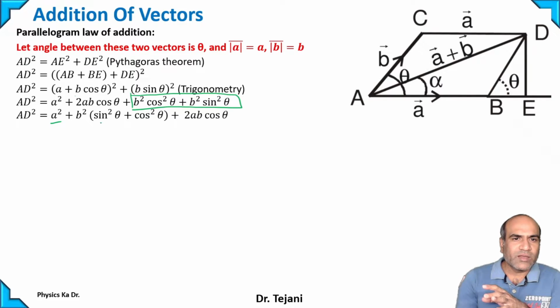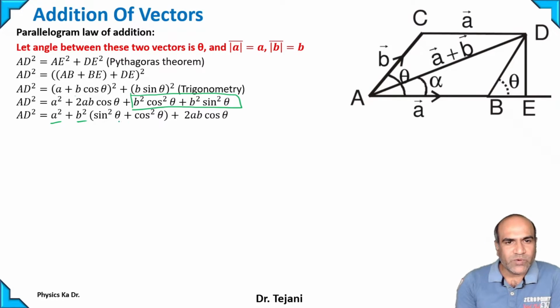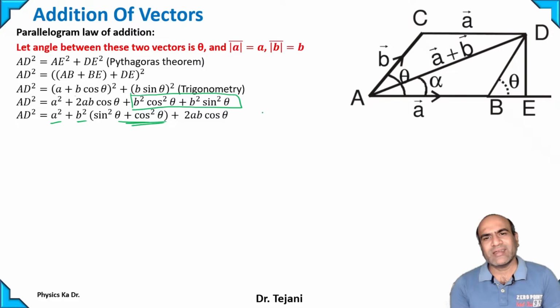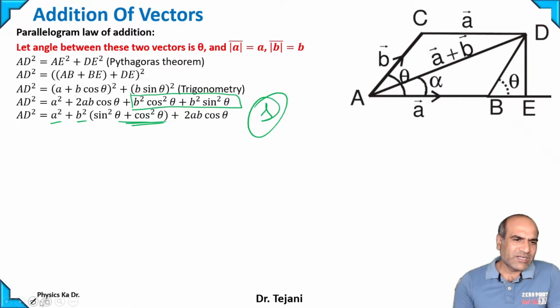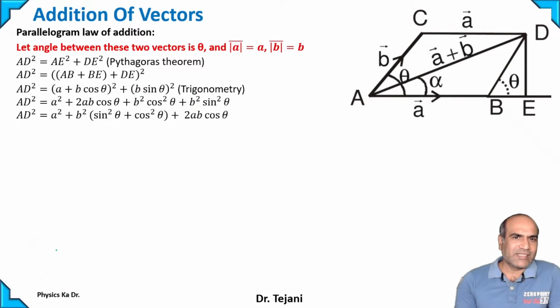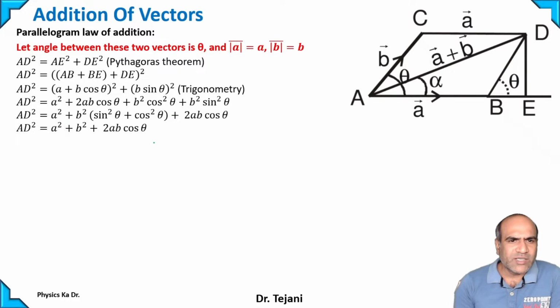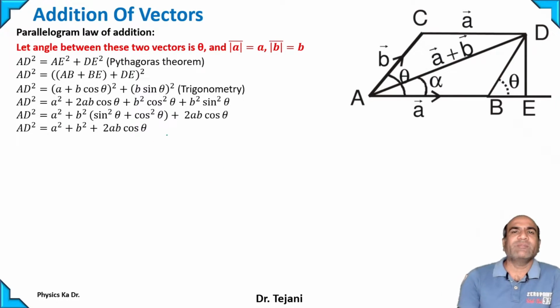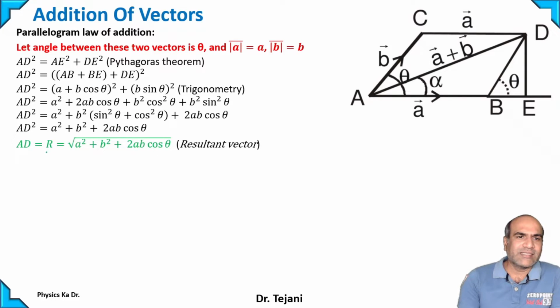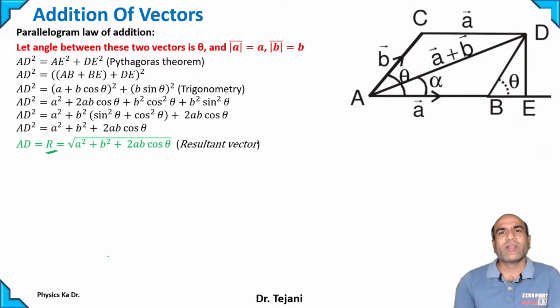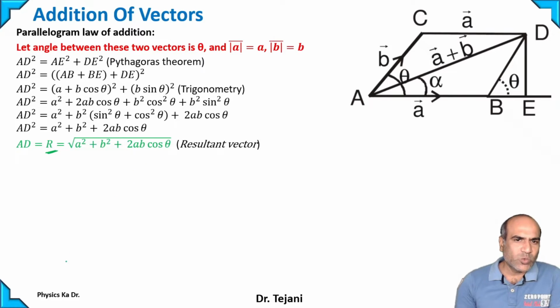We can take B square as common: B square times sin square theta plus cos square theta. What is this? 1. It is well known. So it becomes A square plus B square plus 2AB cos theta, and therefore the resultant R is equal to the root of A square plus B square plus 2AB cos theta.